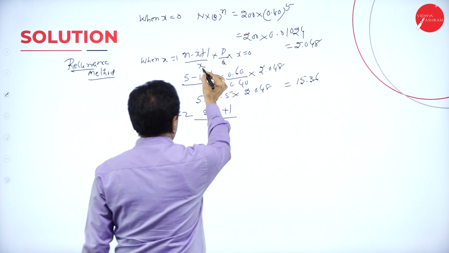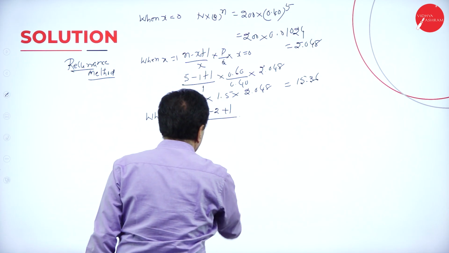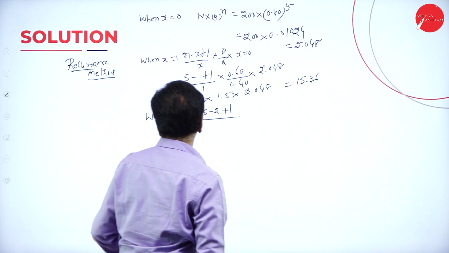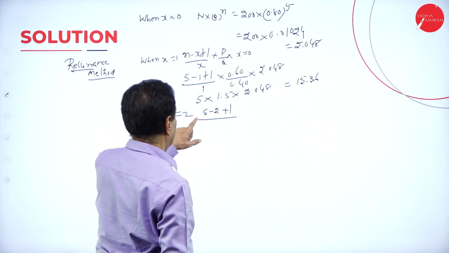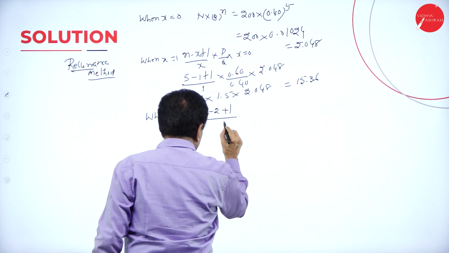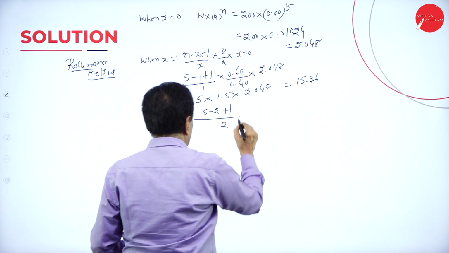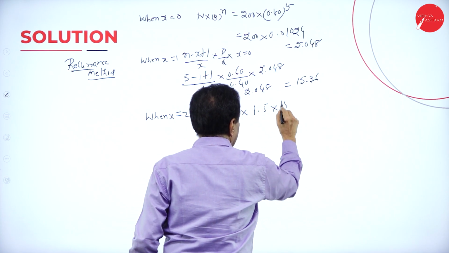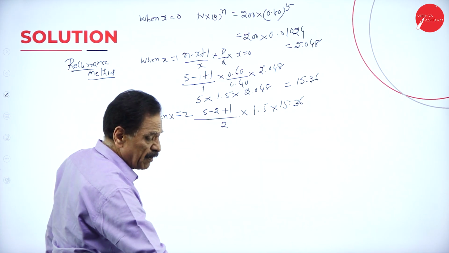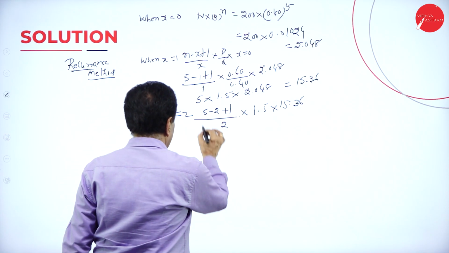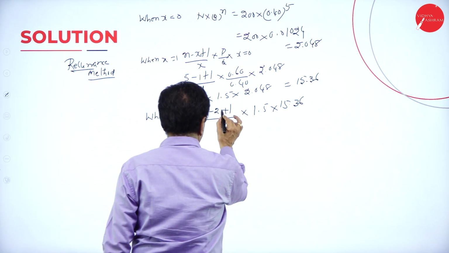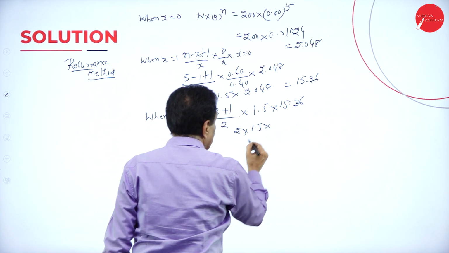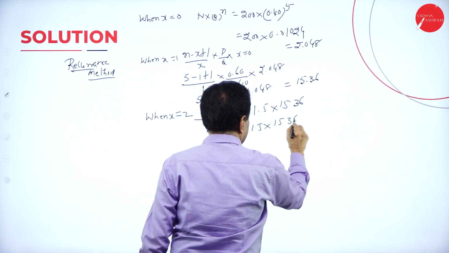This is the x value, 1 divided by 2. 5 minus 2 is 3 plus 1 is 4, divided by 2 is 2, into 1.5 into 15.36.